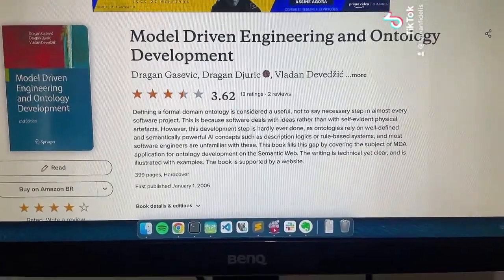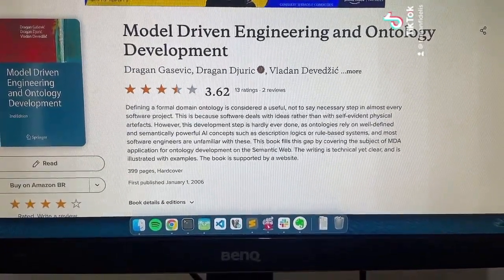Okay, and the last one, Model-Driven Engineering and Ontology Development. To be clear, I thought this one was exactly what I needed. I asked ChatGPT for these suggestions, but the goal of the authors was the inverse of what we are thinking here at Hook Captain.